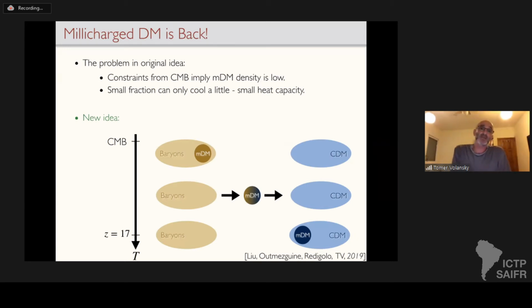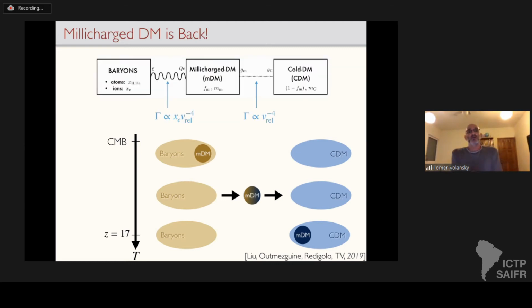But then at later times, it couples more strongly to the cold dark matter bath. And so during those times, it can cool the baryons, and yet the heat capacity is much larger because you really have this CDM, the full dark matter bath that can cool the baryons through the milli-charge. So that was the idea a year ago. And what we implemented it with is two couplings.